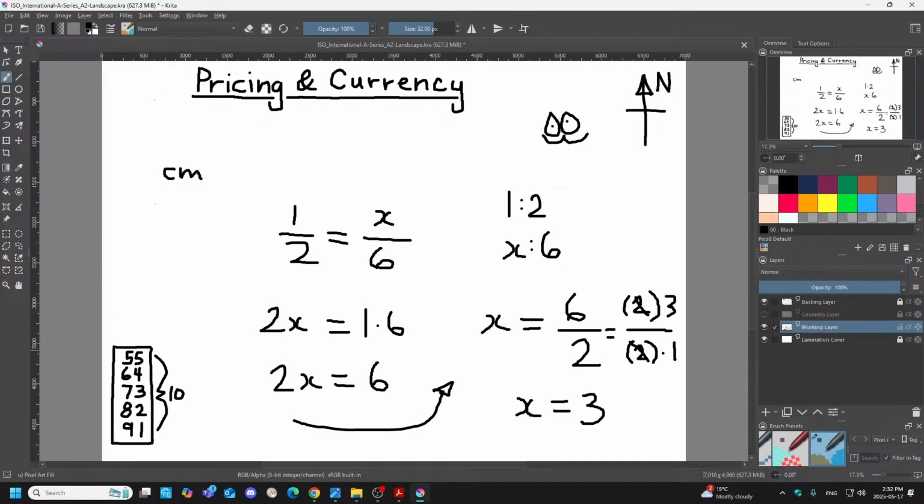How proportions work? Proportions can be used to solve for unknown quantities in a relationship, right? It depends on whatever you're trying to figure out. It could be money, it could be blocks or objects, or a smaller triangle compared to a larger triangle. You can't physically measure the largest triangle, right?